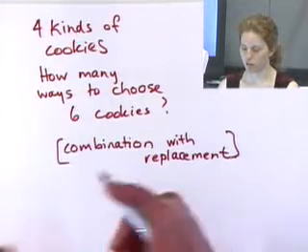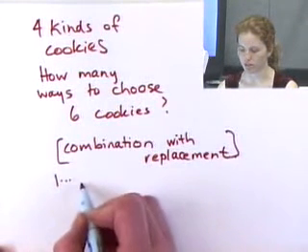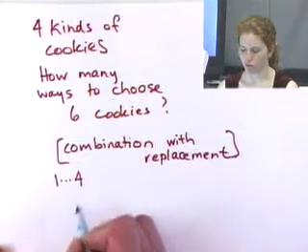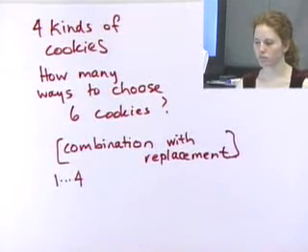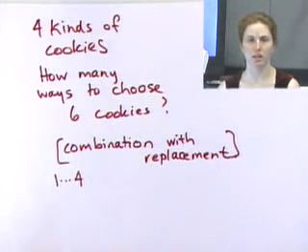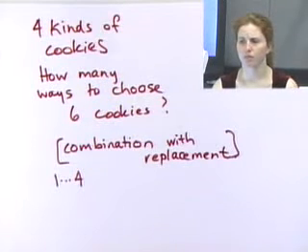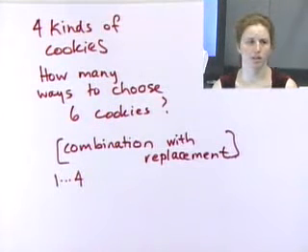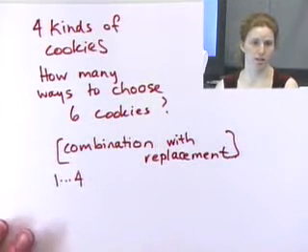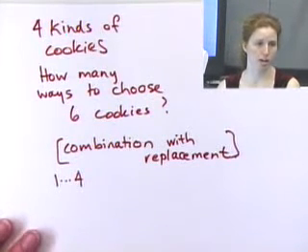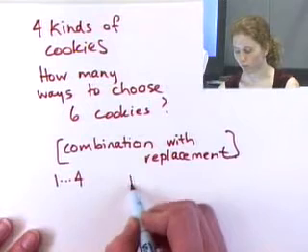So let's just number our kinds of cookies 1 up to 4, and just try some solutions. Has anybody got any ideas? 6 ones. 6 of one kind. Okay, I could start listing all the ways to count to get them, right? So I could have 6 of one kind.